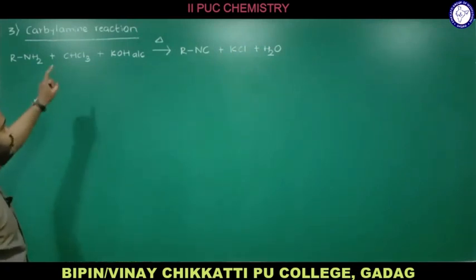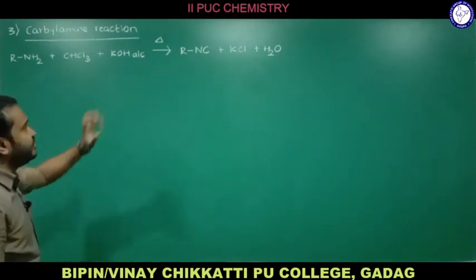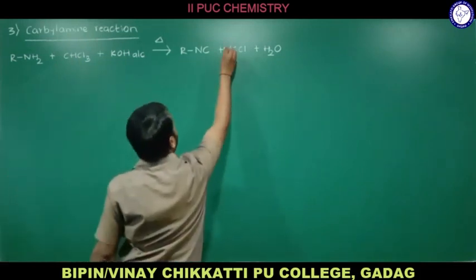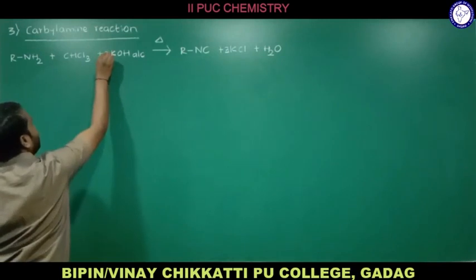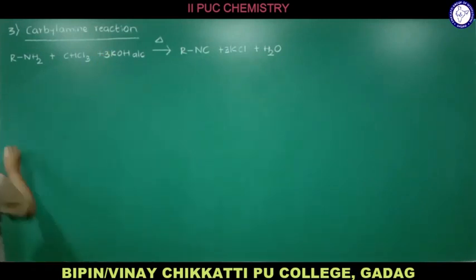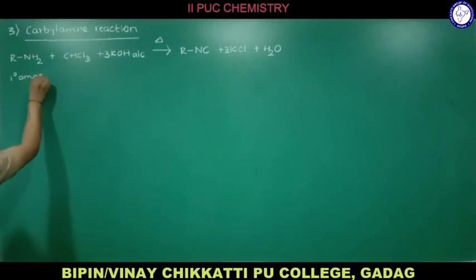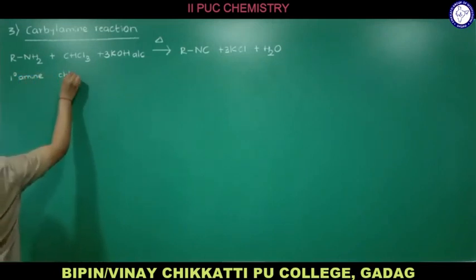Now if you consider here CHCl3, we have 3 Cl, and therefore I need to write 3 KCl over here, and the potassium is also 3, so here I am going to write 3 KOH. This is the primary amine, and this is chloroform.